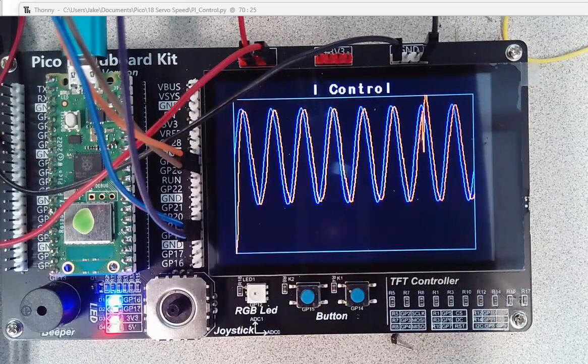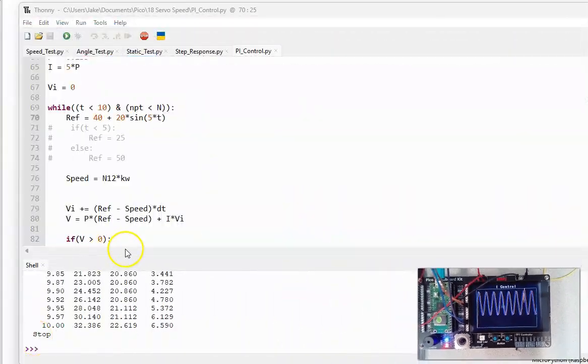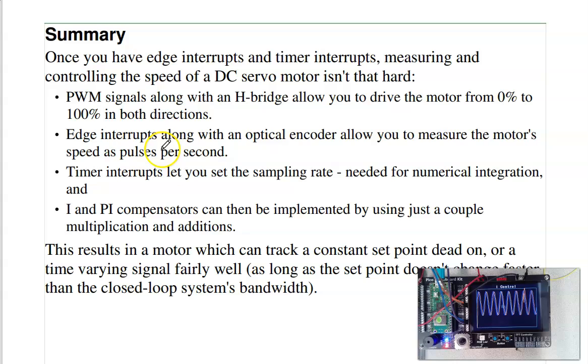Go too much faster, and the bandwidth is only 10 radians per second. It'll have a hard time tracking eventually. Let's see. So again, with what we have right now, we can now control the speed of a DC servo motor. That's lecture number 18 for ECE476.